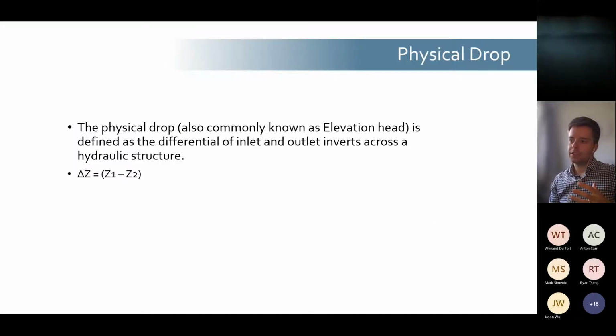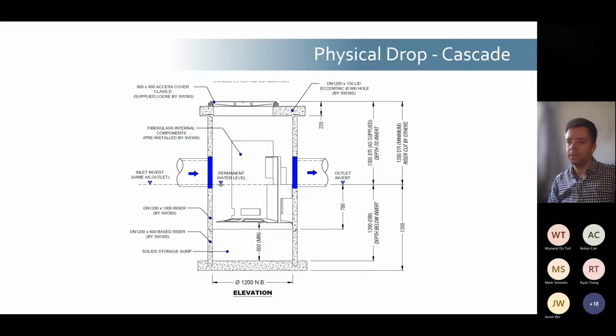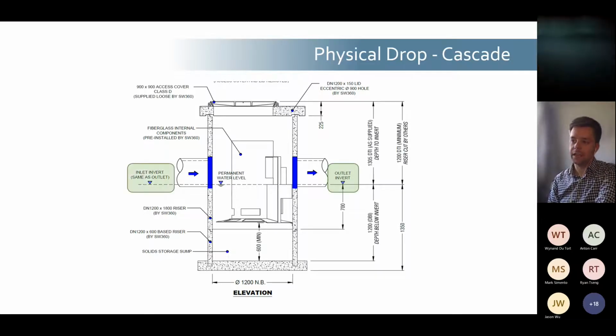The first consideration is physical drop through the device, and this is commonly known as elevation head. Physical drop or elevation head is defined as the differential of inlet and outlet inverts across a hydraulic structure. So what does that mean? If we look at the Cascade, we have the outlet invert and the inlet invert.